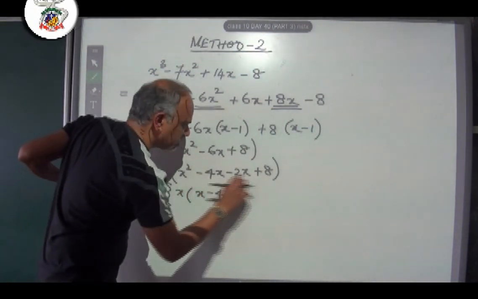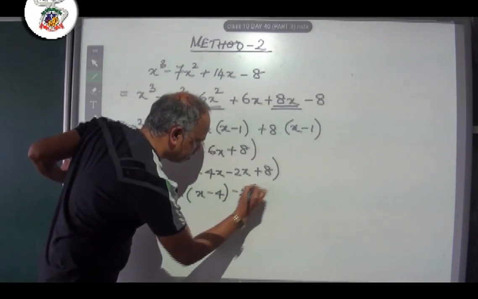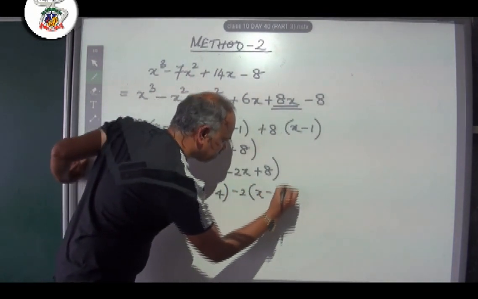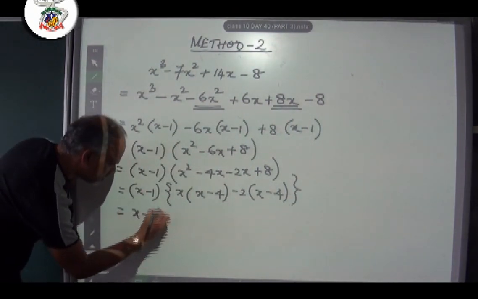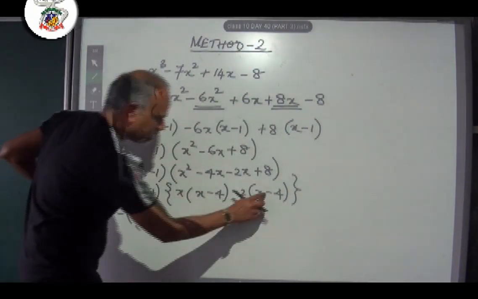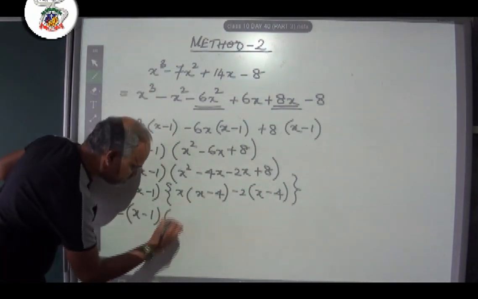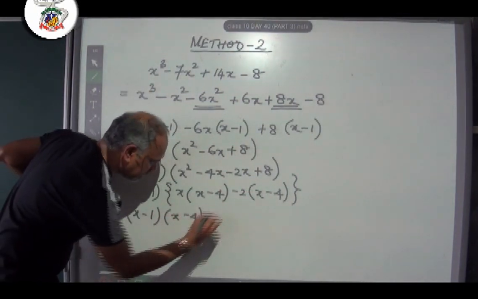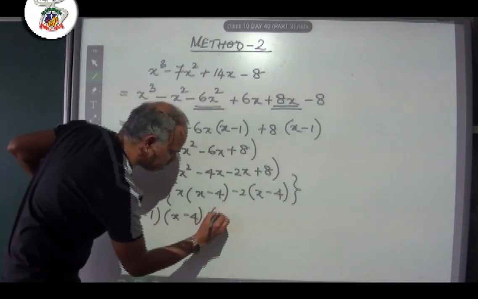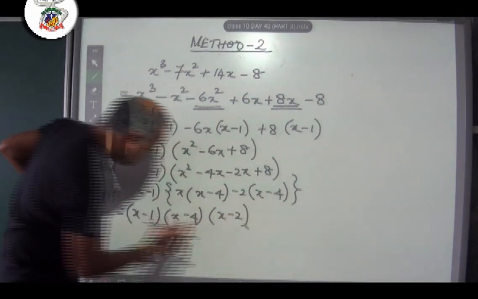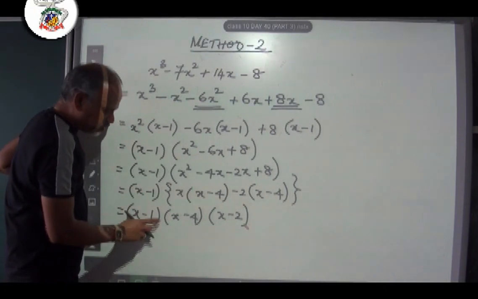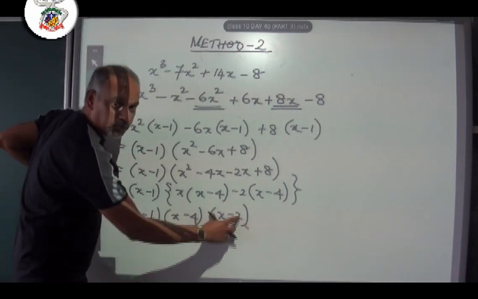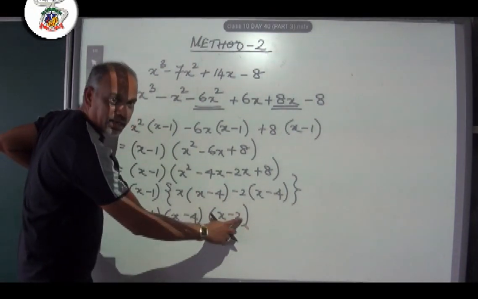And from the second two terms, minus 2 is common, you are left with x minus 4. So that's x minus 1, and common here is x minus 4, and the third factor is x minus 2. So this was the first factor which you actually got. And using this, we have found the other two factors, that is x minus 4 and x minus 2.